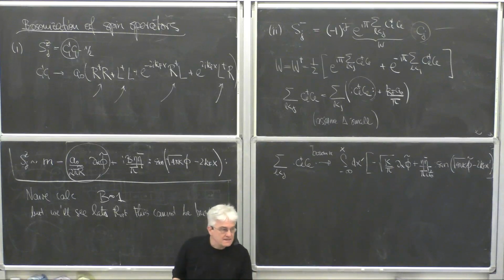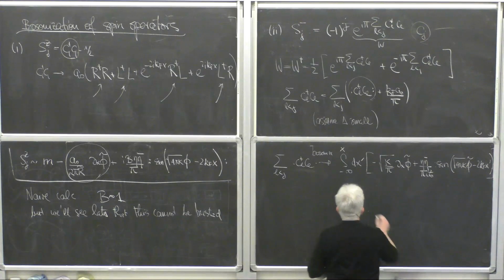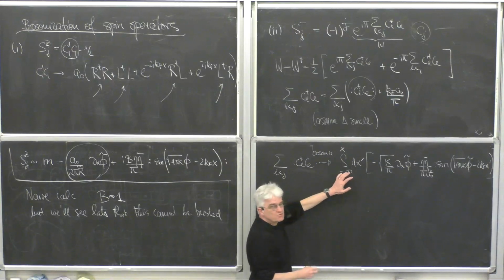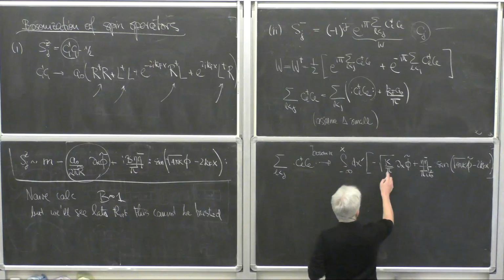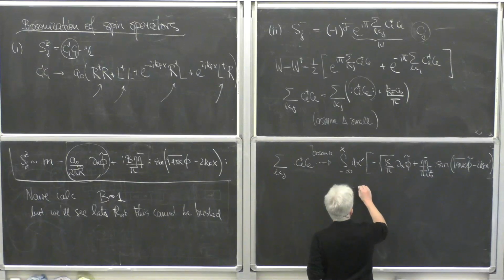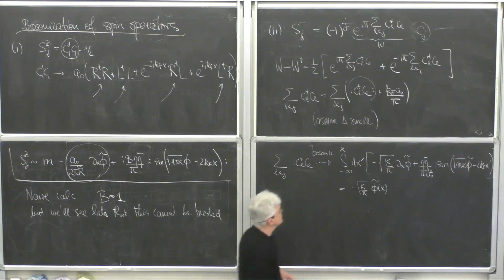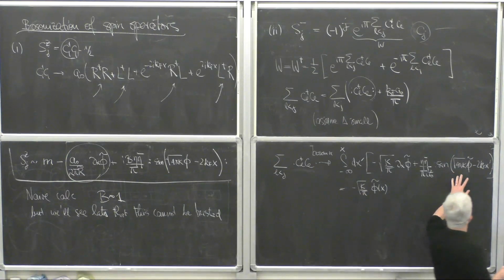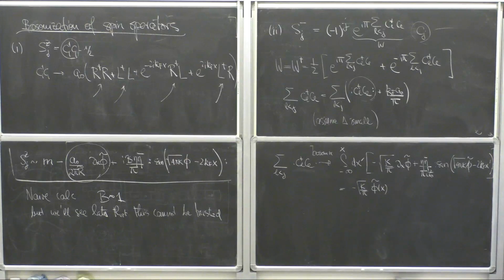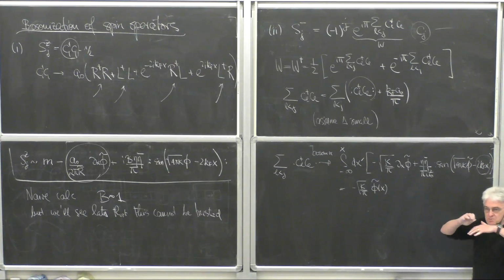Now the first term I just integrate, and I drop the contribution from minus infinity because it's a total derivative. So this is essentially minus k divided by pi times phi tilde of x. And this term I will again drop. The argument is the same as before: I have this rapidly oscillating factor, 2 k_F x, so once I integrate, I have a smooth operator with a rapidly oscillating factor, which basically integrates out.